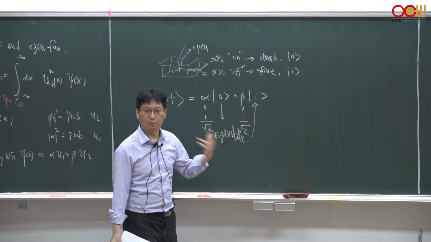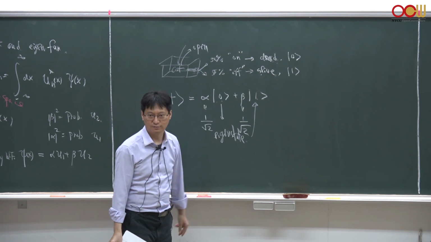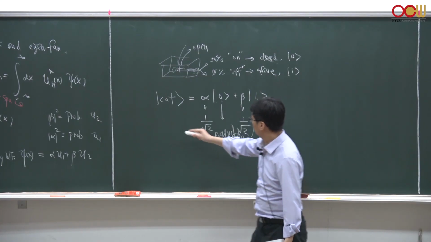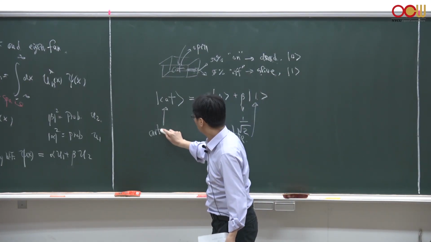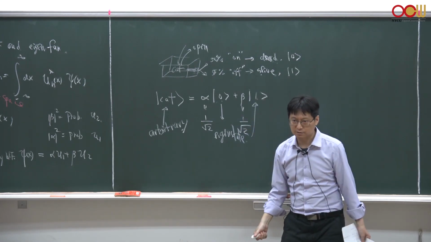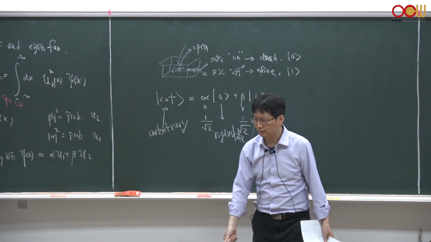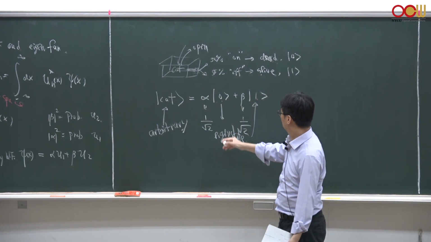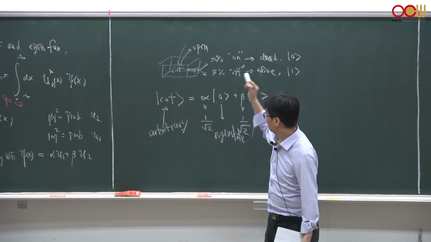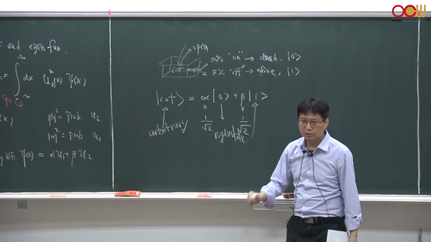But before you open up the box, the cat could in general be in a combination of dead and alive, and the state before you take the measurement is precisely what I call an arbitrary quantum state. But when you really open up the box and take the measurement, you want to see whether the cat is alive or dead, and when that happens, you actually force the cat to be in either state 0 or state 1.